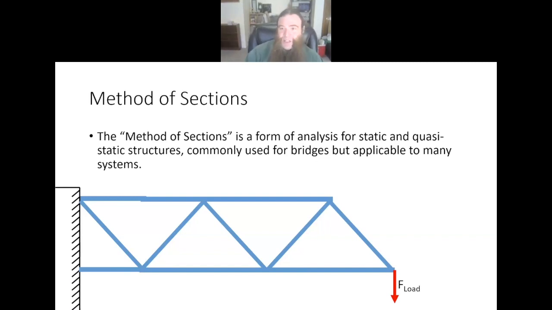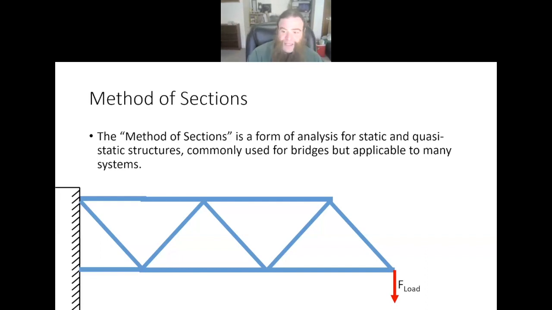And we can analyze this using a common engineering technique called the method of sections. Those of you who are engineers and have taken statics are either bored now or having flashbacks to your undergrad and your exams of finding the forces in all of these truss structures. The idea behind this is actually fairly straightforward. If I have a system like this and it's not moving, it's static, then I know that the sum of all the forces must be zero and the sum of all the moments must be zero.